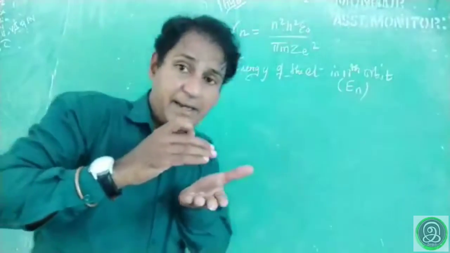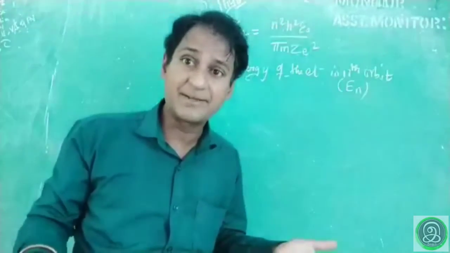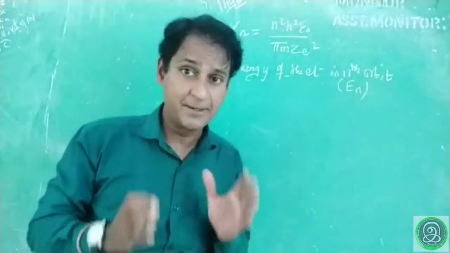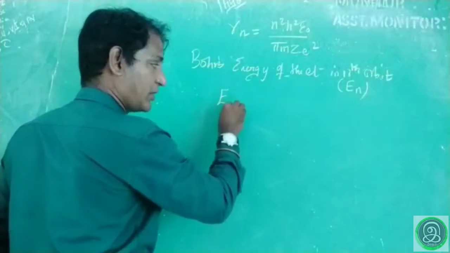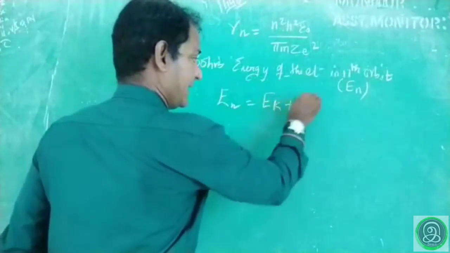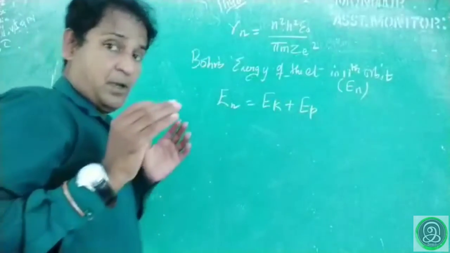Whenever any object is at a particular height, it possesses what? The potential energy, right? So the electron possesses both kinetic energy as well as potential energy. Now the total energy of the electron in the nth orbit is equal to the kinetic energy plus the potential energy.